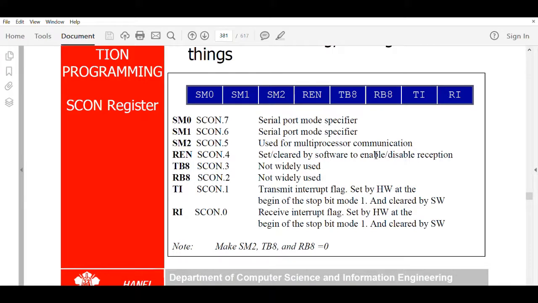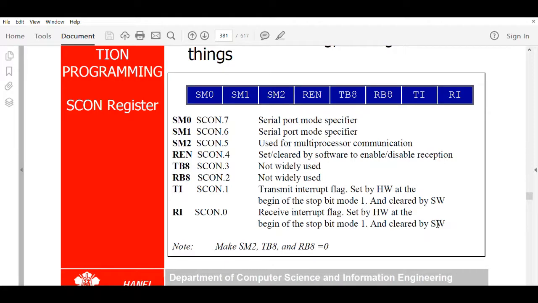To enable or disable the reception of data, you use REN. Transmit interrupt flag, set at the beginning of the stop bit in mode 1 and cleared by software. RI, receive interrupt flag, set at the beginning of the stop bit in mode 1 and cleared by software.